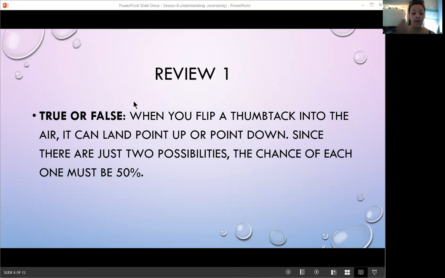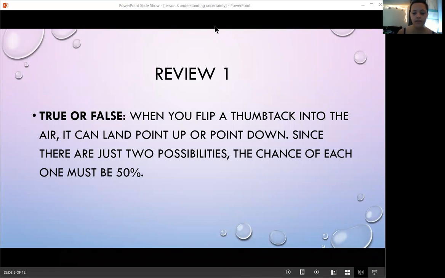It can be any combination of two probabilities as long as they add up to one. And if you think about a thumbtack, one side is different than the other. One's more heavily weighted, so it might have a higher probability of landing on that one than the other one. So the answer here would be false for our first review.